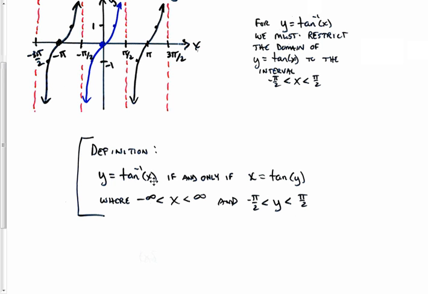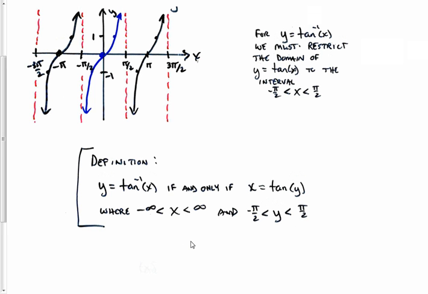y equals inverse tangent of x if and only if x is equal to the tangent of y, meaning if we have y as this, then when we take the tangent of y, we get this result x. Now, because of what we've seen before, the x's here, the results of a tangent, are all real numbers, and we have a reversal of roles of domains and ranges.